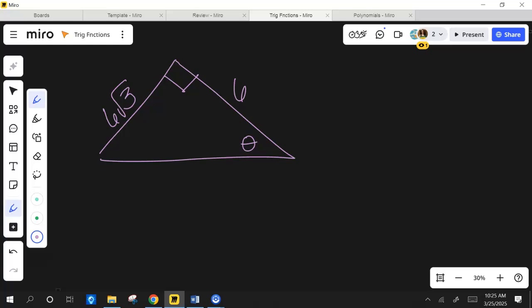Mark that down. Can I just draw a regular? If you want to. Just make sure your theta's in the right place. All right. All 6 trig functions. Sine, cosine, tangent, secant, cosecant, and cotangent. Go.